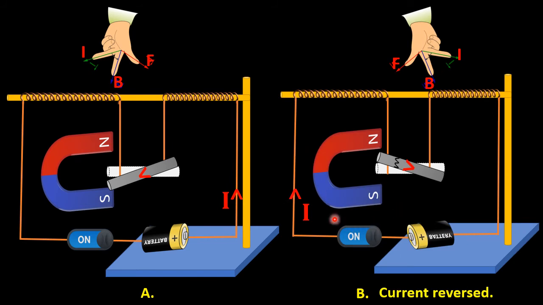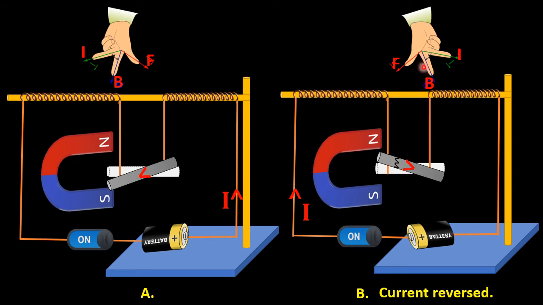So here is the experimental setup where the current flows from left to right, by reversing the battery, and according to Fleming's left hand rule, due to the interaction of the magnetic field produced by this conductor when the current flows through, and the magnetic field due to this horseshoe magnet, this conductor will be deflected away from us, which will be given by the left hand rule.